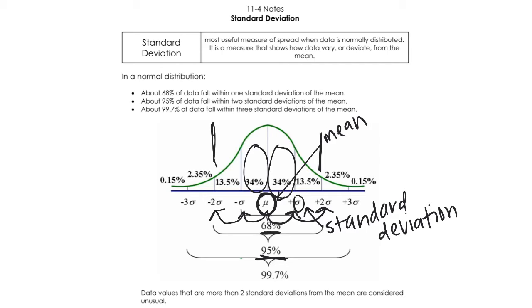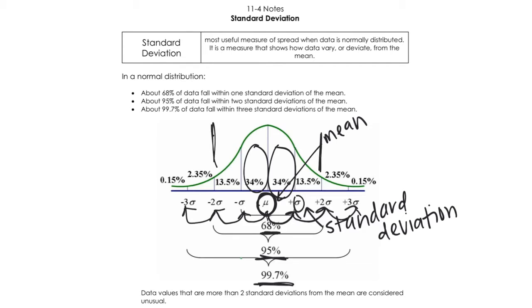And then if you keep going, if you add another one, you get to 3 standard deviations away, which adds 2.35% on both sides, which then if you add all 1, 2, 3, 4, 5, 6 of those columns up, you get 99.7% of your data.